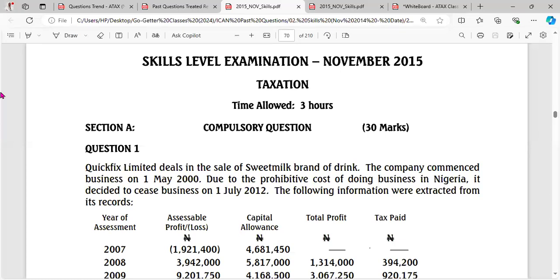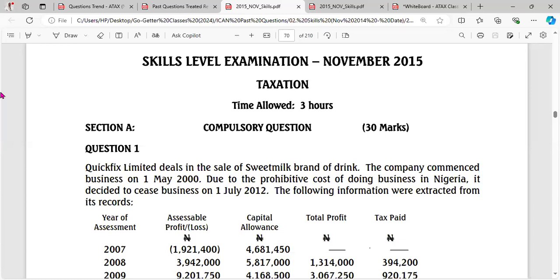Now, this is a question number 1 type of question. How do we deal with this? Let's read. It says here, Quick Fix Limited deals in the sale of sweet milk brand of drink.